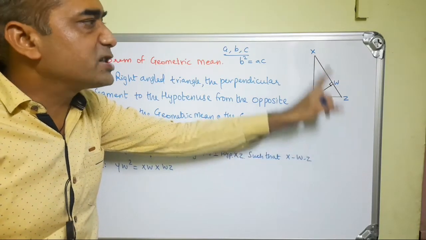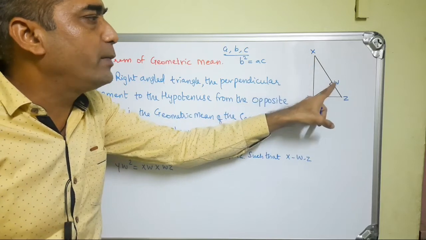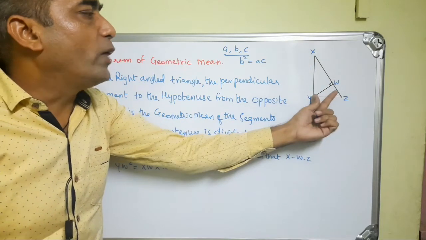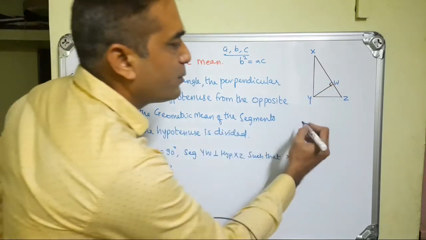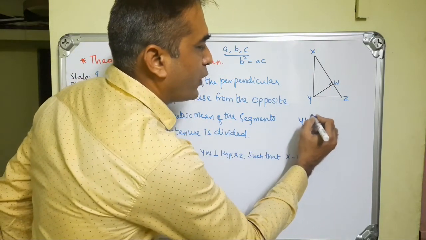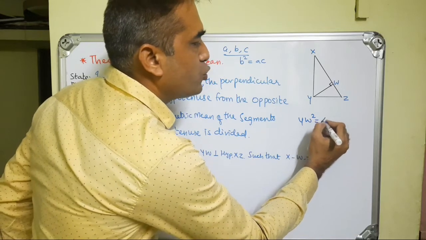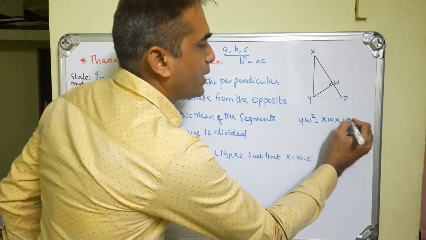The segments into which the hypotenuse is divided are XW and WZ. So YW is the geometric mean of XW and WZ. It means we have to prove that YW square equals XW multiplied by WZ.